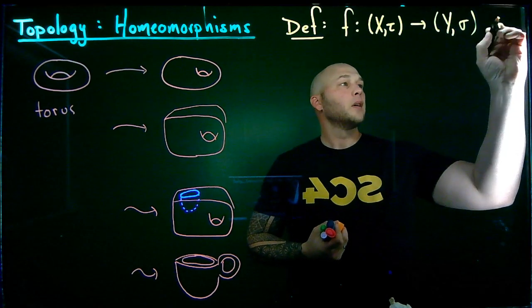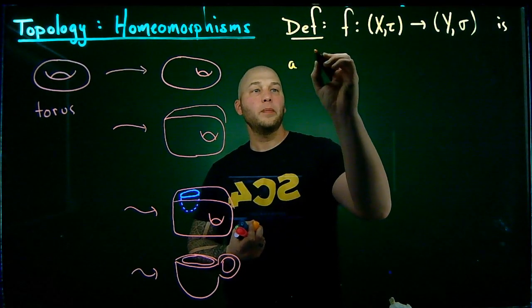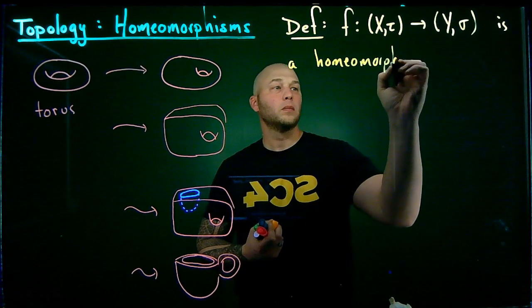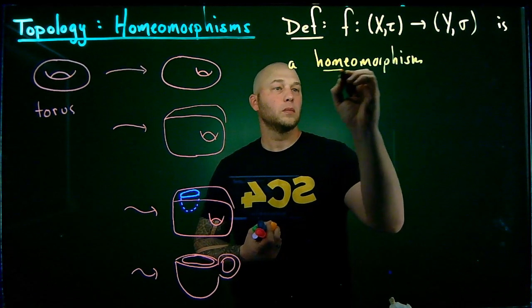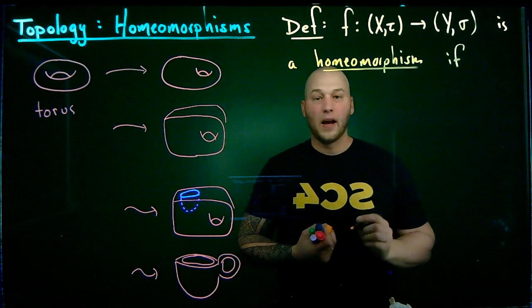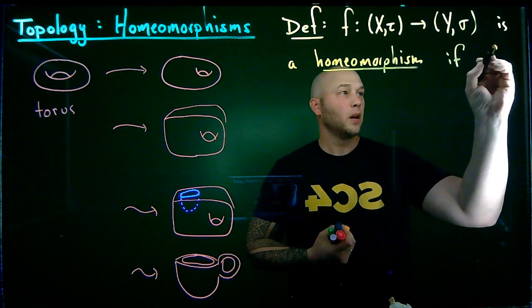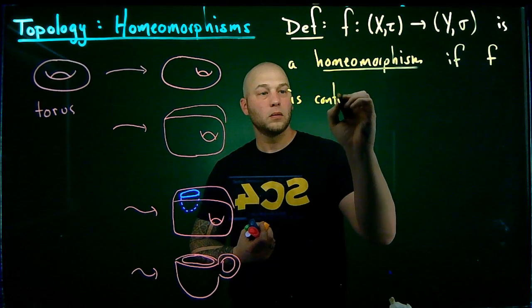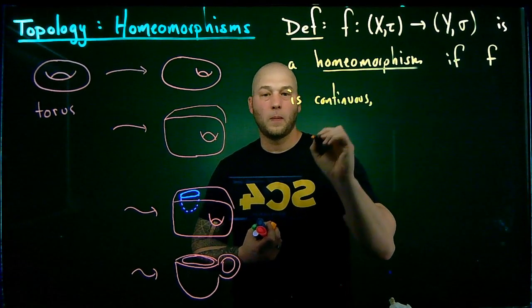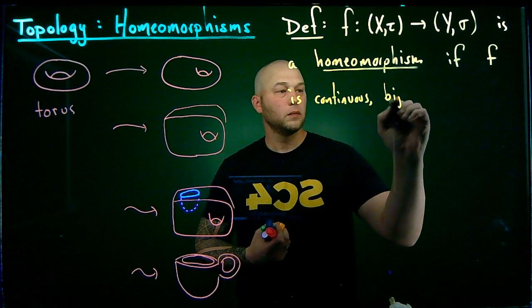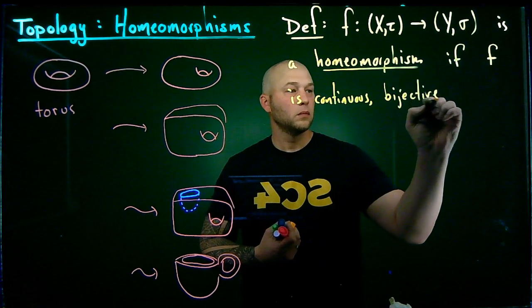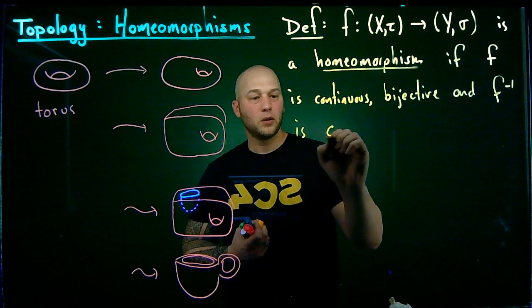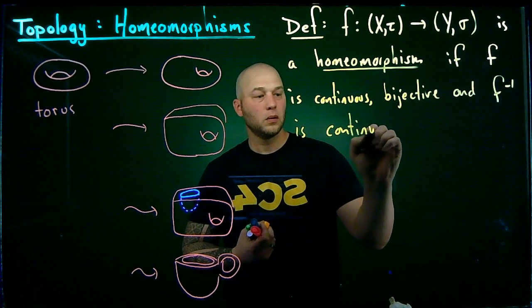F is a homeomorphism if the following conditions are satisfied. F is continuous, bijective, and F inverse is continuous.